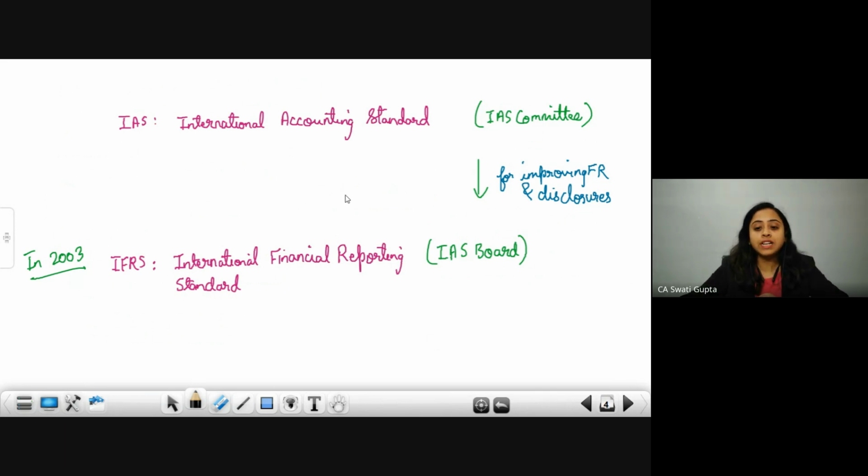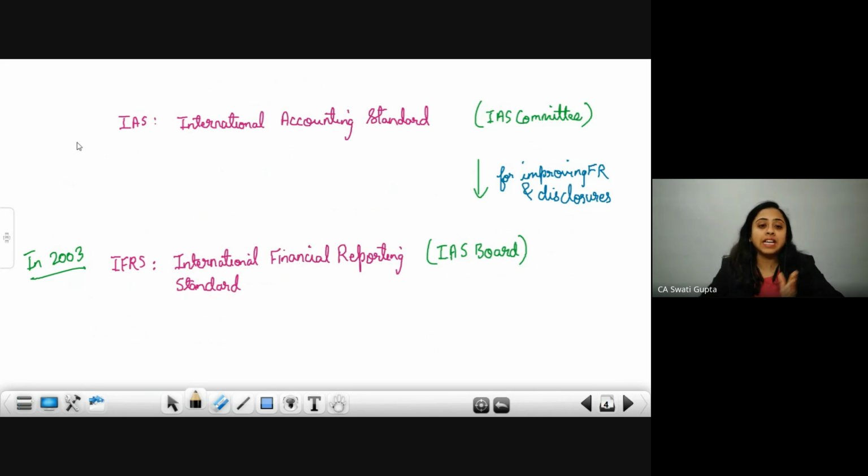So what did IASB do? There was an already existing list of standards known as IAS. If only minor changes or small amendments were required, then they did not abolish or remove IAS. Instead, those IAS stayed in practice and application, and some changes were made where minor changes were required.